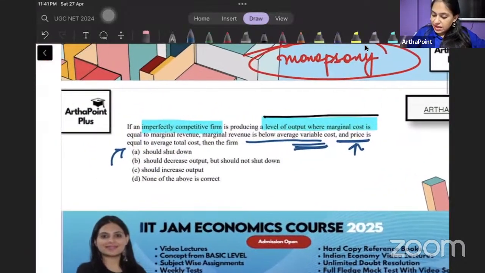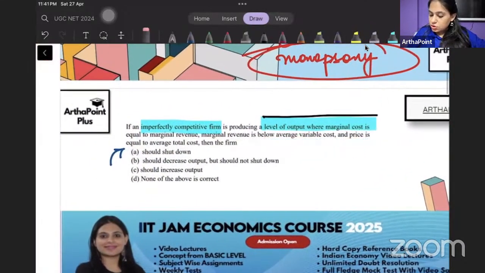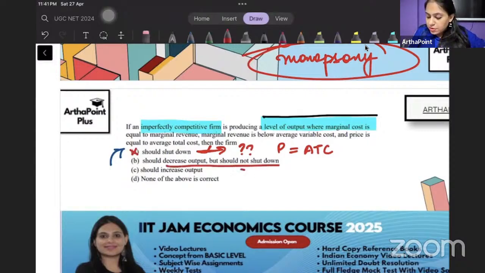Now beta, let's read the pointers. It says, then the firm should shut down. Should shut down? No, the firm is able to cover its total cost. Why will the firm shut down? The firm will not shut down. So point A is incorrect. Okay? Should decrease output but should not shut down. Should it decrease its level of output, beta?